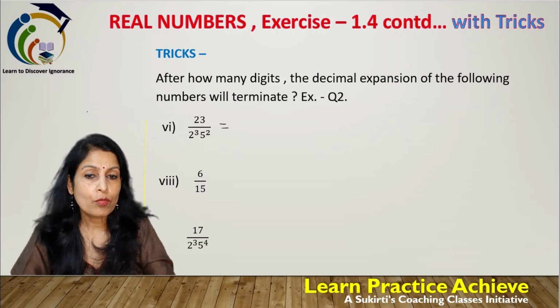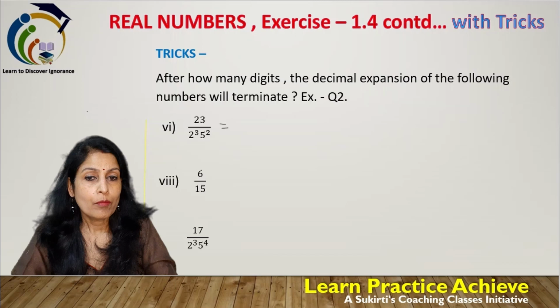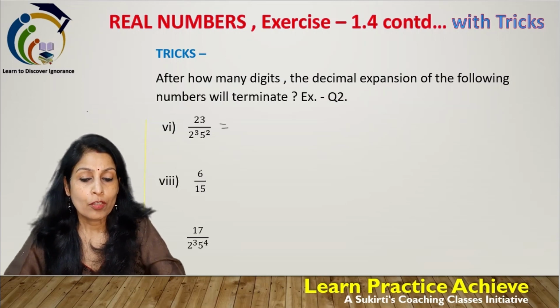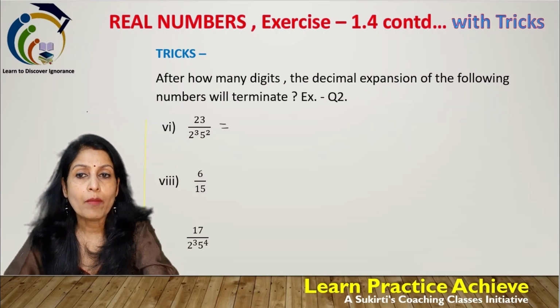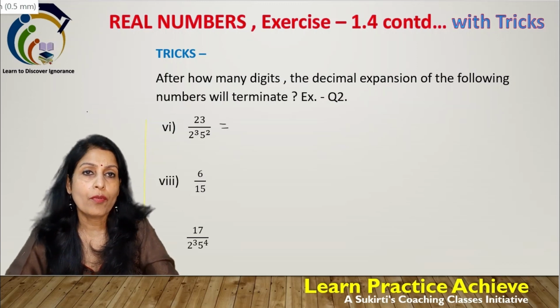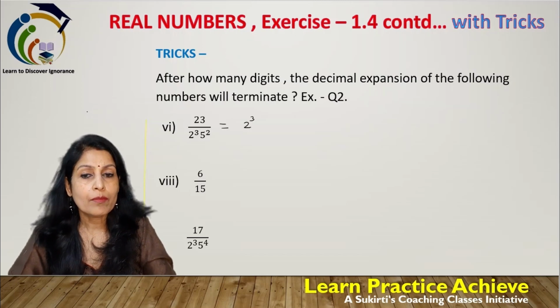So here you only have to check the denominator part, not the numerator part. Okay. In the denominator part, both 2 to the power 3 and 5 to the power 2 are given. That is why it is a terminating decimal. But here what you have to do is check the highest power of either 2 or 5. So here the highest power of 2 is 3, because in the case of 5 the power is 2. So 2 to the power 3 is bigger.